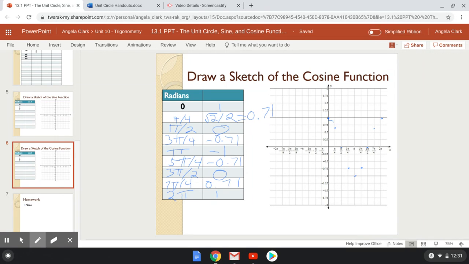So trying to connect the dots here. And that would actually come back down. Sorry, that missed by a lot, but you know what I was trying to do.